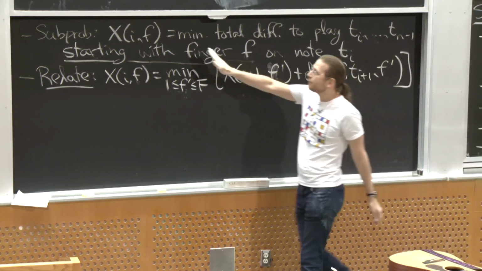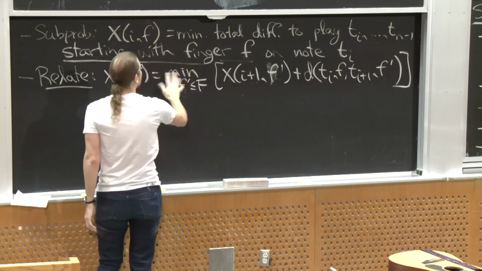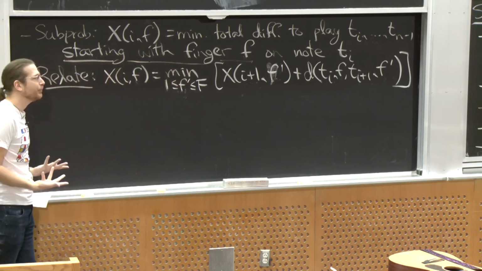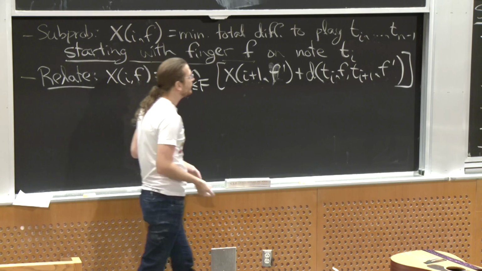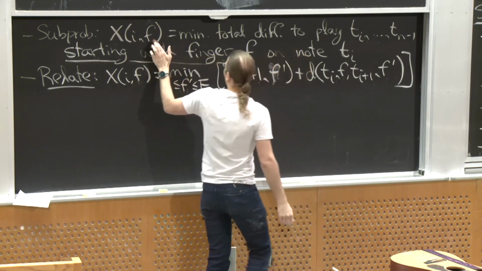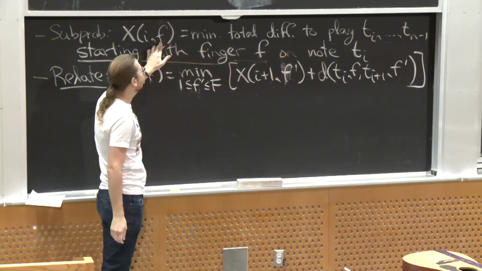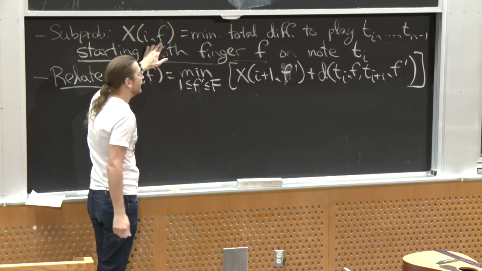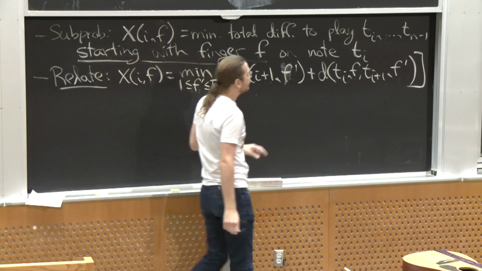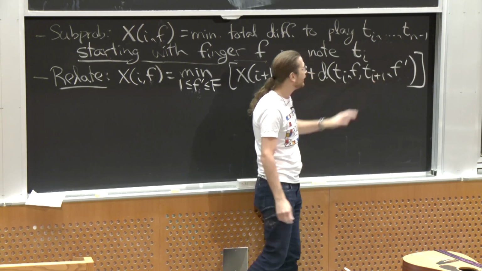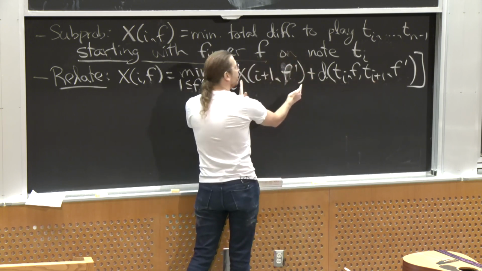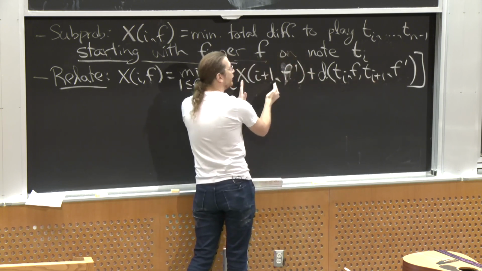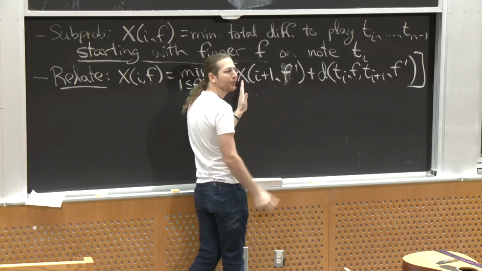If I remove this f, I could add a min over 1 finger, but I can't really add a min over 2 fingers. So what this does, by parameterizing by f here and writing down the optimal for each starting finger f, I can, in some sense, remember in this call what finger I started with. Because I told it, you have to start with finger f prime.